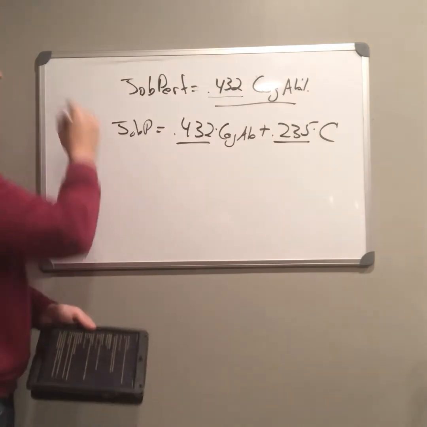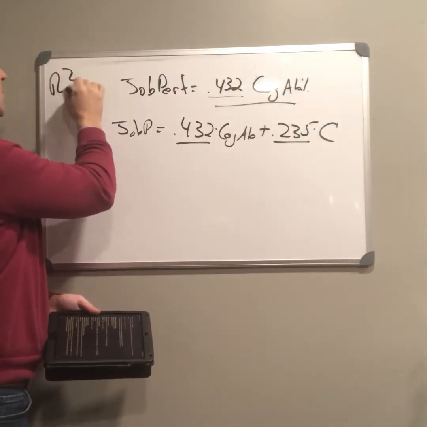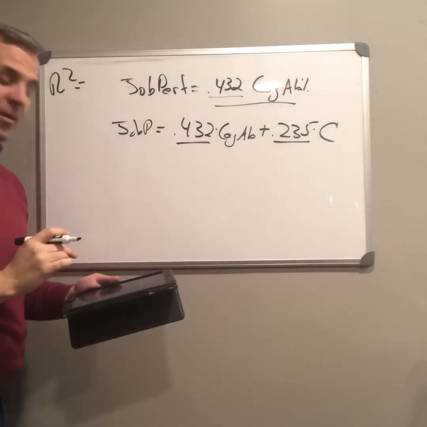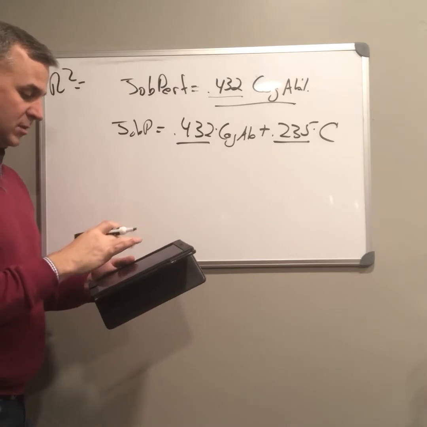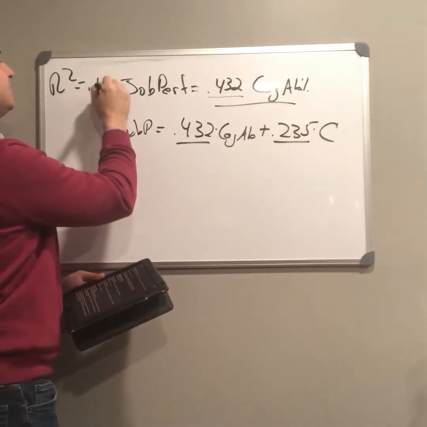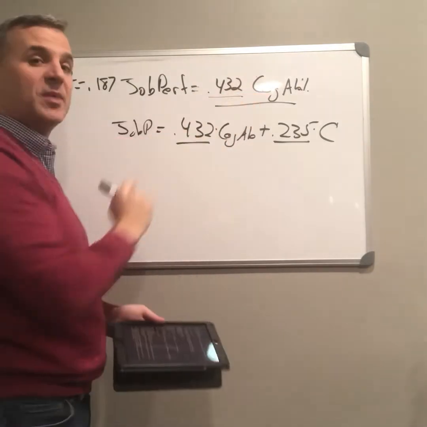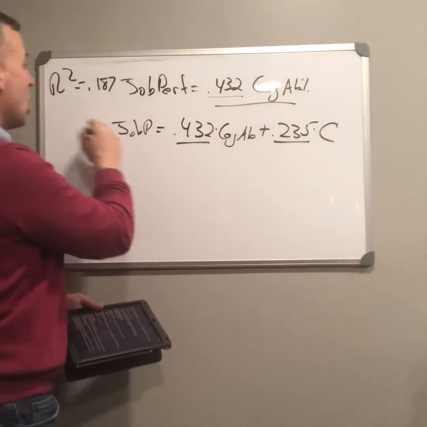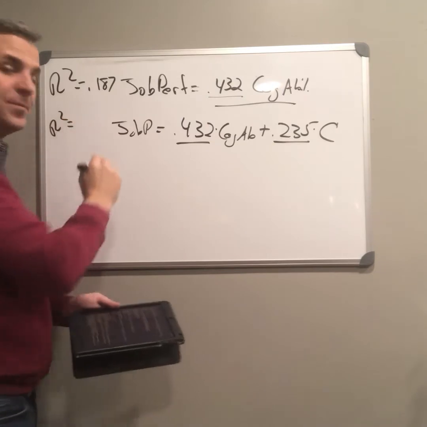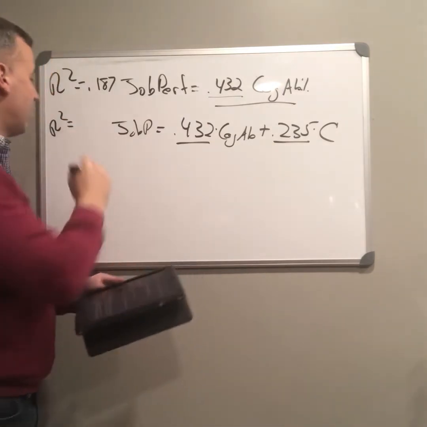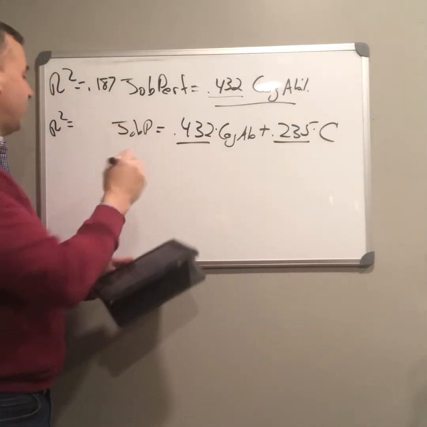So if you'll remember, the R squared for this initial bivariate model was 0.187. So 18% of the variance in job performance is explained by cognitive ability. The R squared for this model was 0.257.